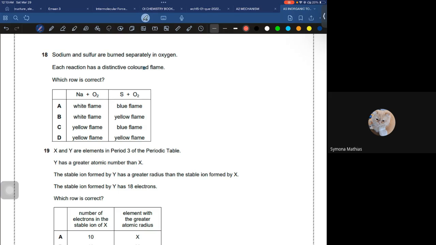Sodium is going to give you a white flame. It's a common answer, it's from IGCSE as well. Sulfur is going to give you a blue flame. You must know the color of the flame to do this question. There is no rocket science behind it. If you know this, you will do this. Otherwise, no. Option C is correct. That's it.